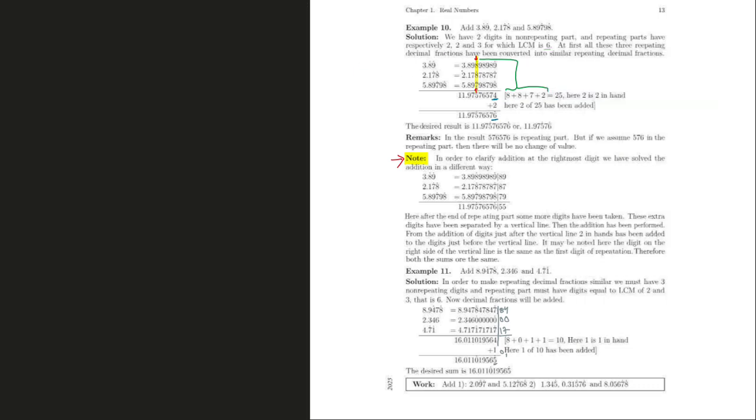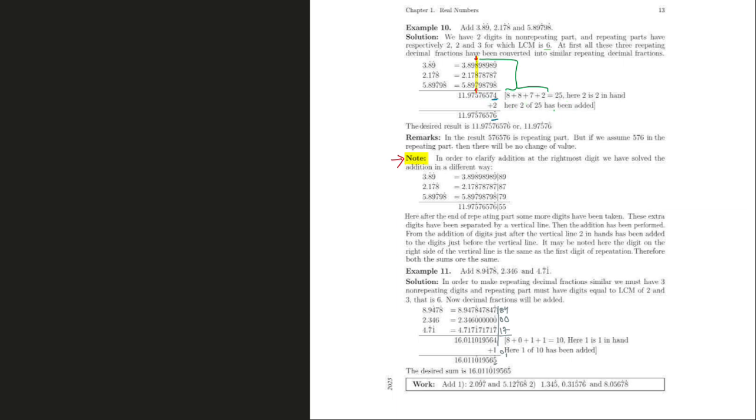When they reached the 6th digit from the right while doing the addition, they took 8 plus 8 plus 7, plus they added a 2, which was, I believe, in hand, so the result was 25, and then they kept the 5 and took 2 in hand.